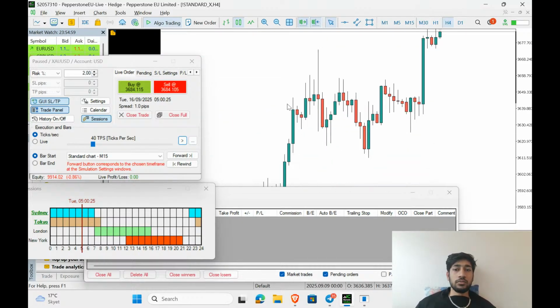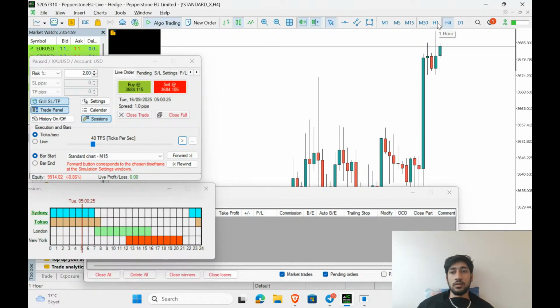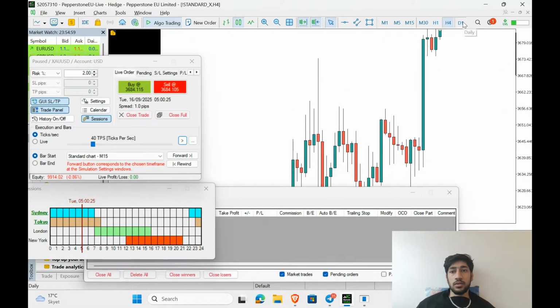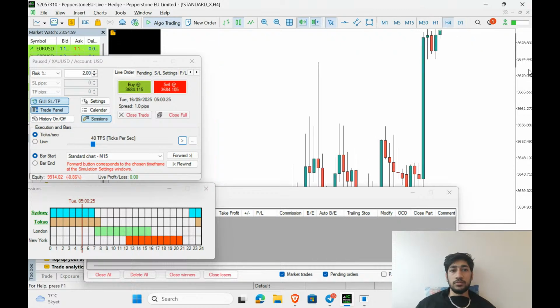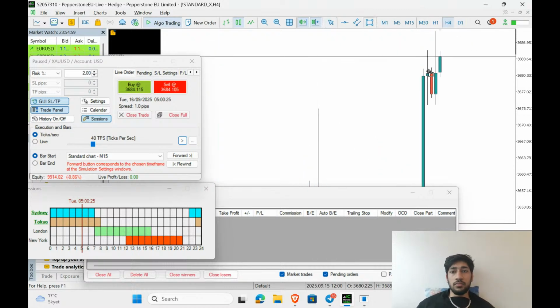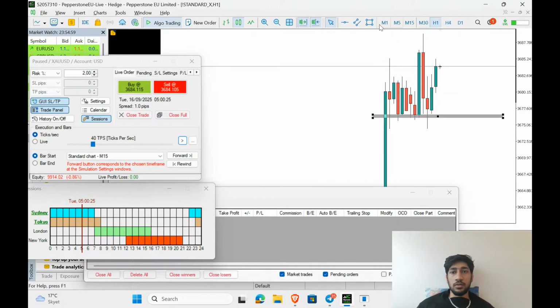So H4 we just consolidated and we just broke out of the range. Firstly we start with daily, just went up. H4 we formed support, we got this wick to be filled, but in H1 we formed some sort of resistance.